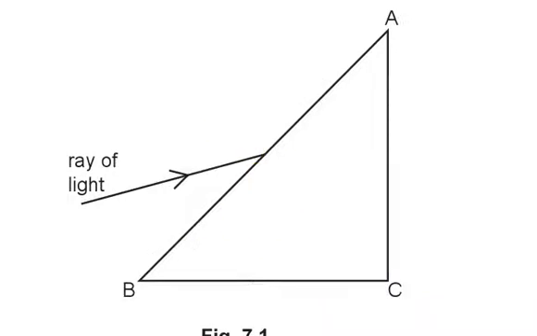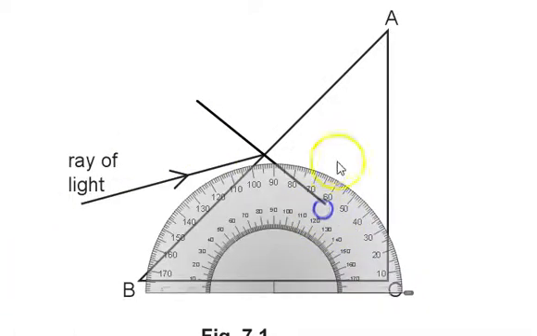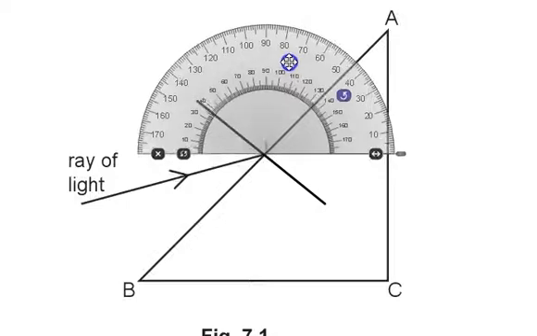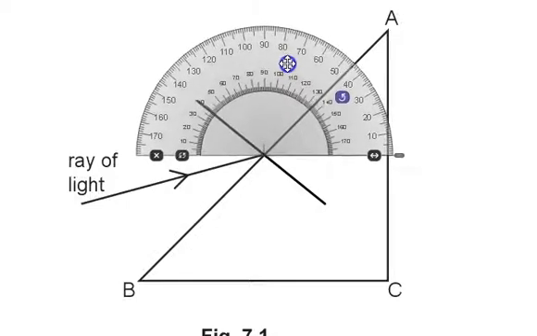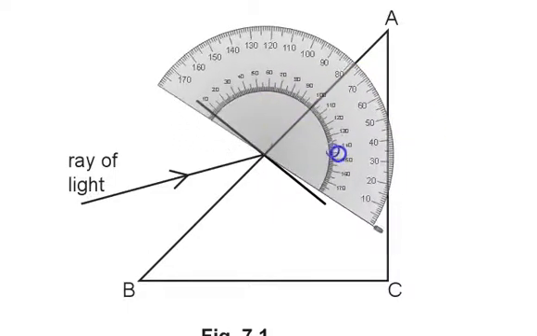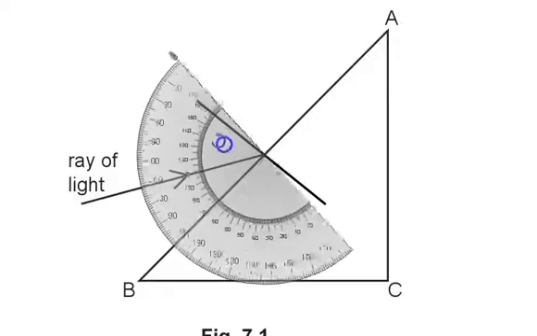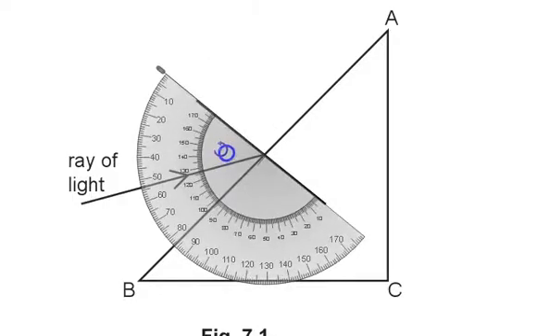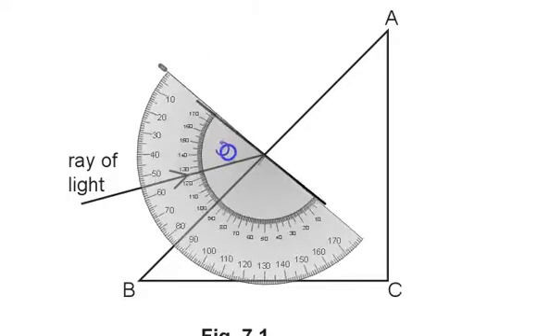From here we need to draw the normal. I draw the normal with a black color. I'm going to use the protractor over here, placing it exactly at this part.